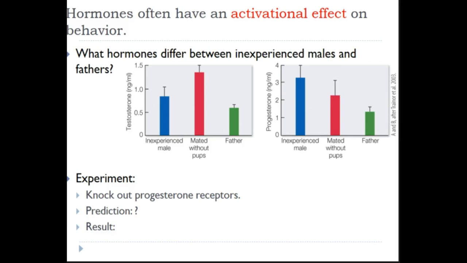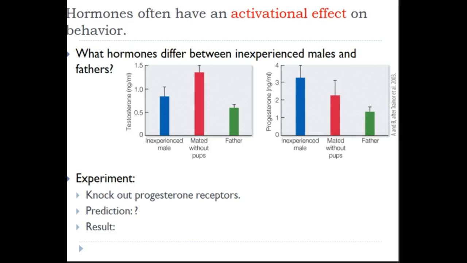And this is the great thing about mice, you can use genetic methods to knock out the genes that encode for progesterone receptors. What would you expect to happen in this case? If we knock out the progesterone receptors, so the animals lose their ability to detect progesterone levels, what should that do to infanticide, do you think?